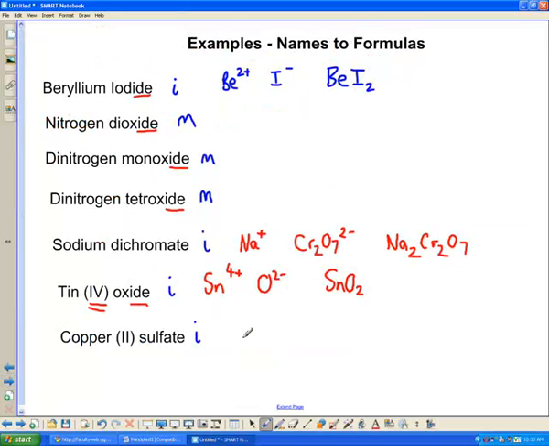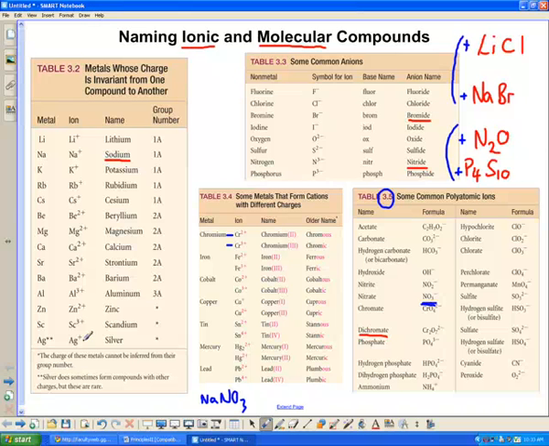Let's do the same thing here. Copper 2, so copper 2+. Sulfate, now the only thing we know about sulfate is that it's probably got sulfur in it. When we go down here, we'll notice there are 3 ions that contain sulfur. Actually, there's more. We are concerned about sulfate.